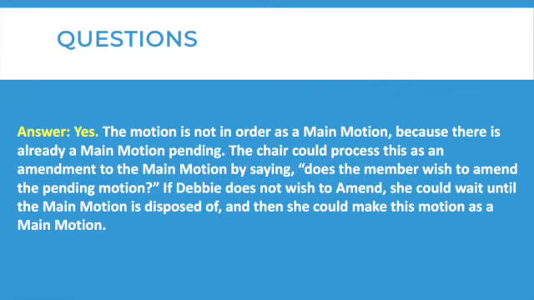The motion is not in order because a main motion is already pending. The chair could process this as an amendment to the main motion by saying, does the member wish to amend the pending motion? If Debbie does not wish to amend, she could wait until the main motion is disposed of, and then she could make this motion as a main motion.